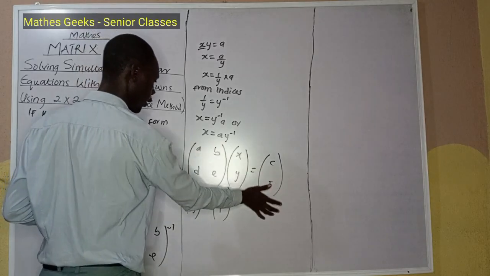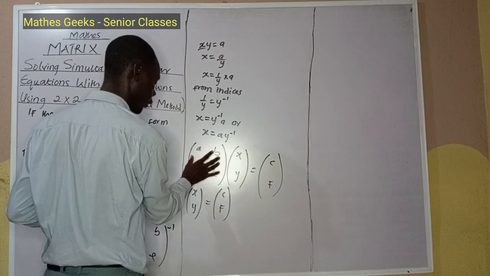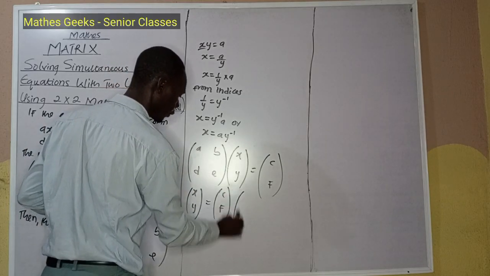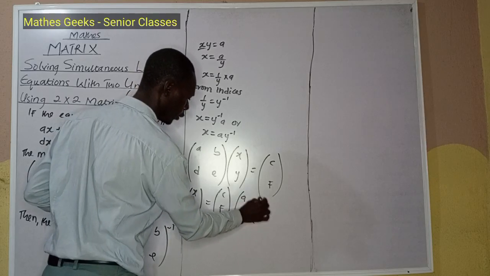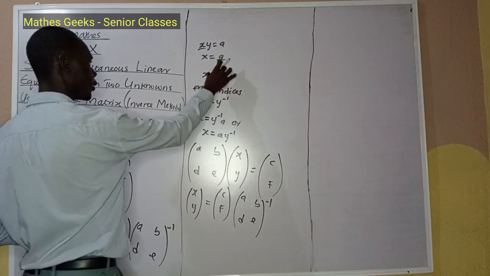When you divide this side by this matrix, you're actually going to have it in this form as a, b, d, e raised to the power of minus 1, which is the other way of writing the division.